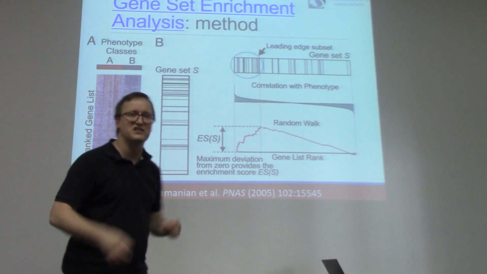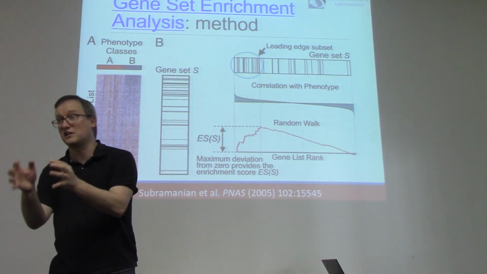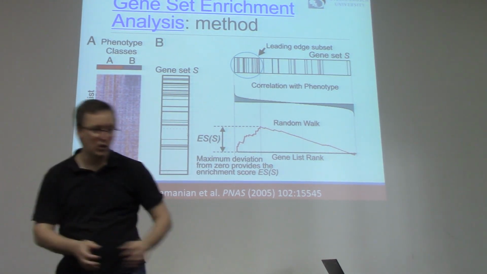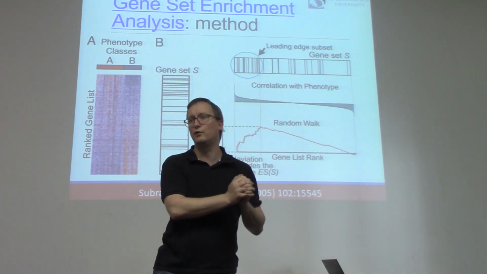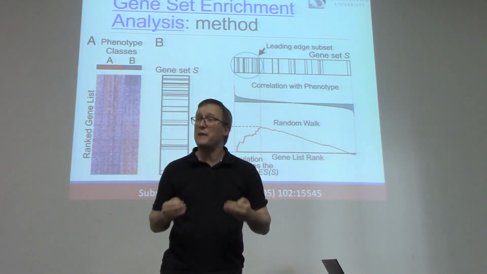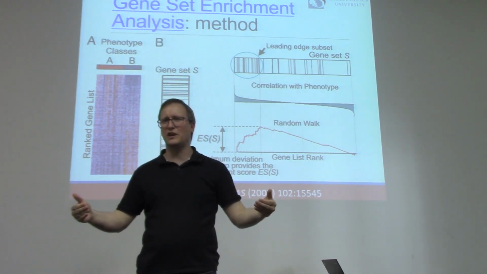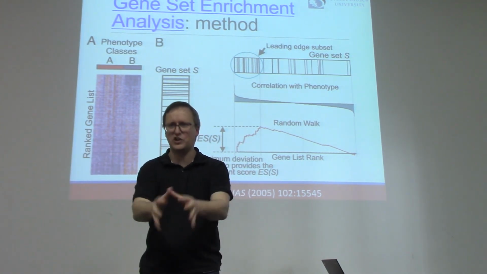So the best scores that we get on pathways are going to be from things that have a whole bunch of hits clustered together at very low p-values and up, or things that have a bunch of very low p-values that are down in fold change. But it's non-parametric in the sense that it doesn't care about the magnitude of these p-values anymore. We're not saying these genes are differential and these genes are not.